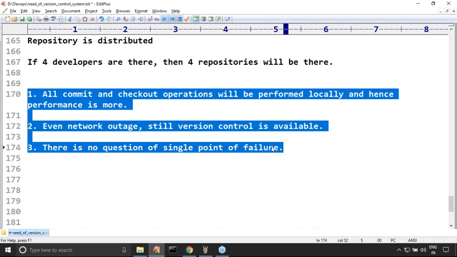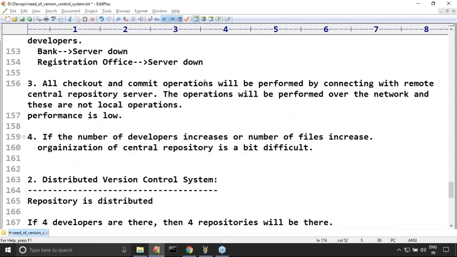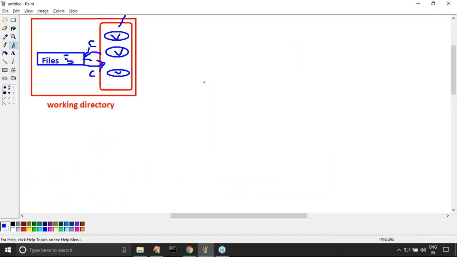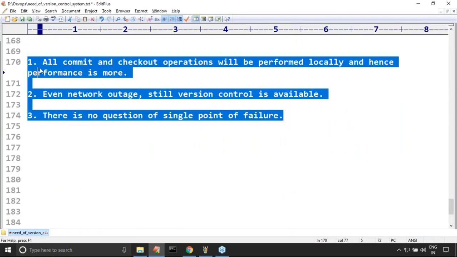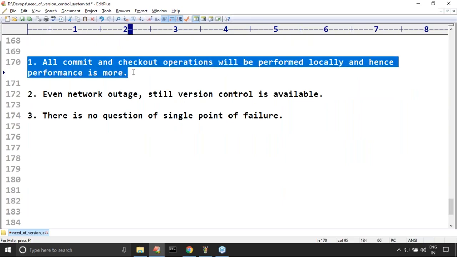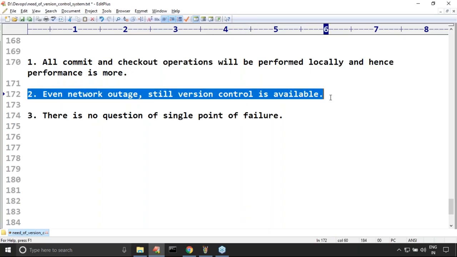So the majority of the problems are already addressed, but one small issue is going to come with this. Up to this, any doubt? All the operations will be performed locally, that's why performance is more. Even with a network outage, version control is still available.